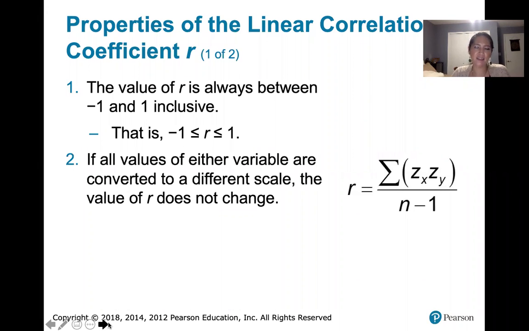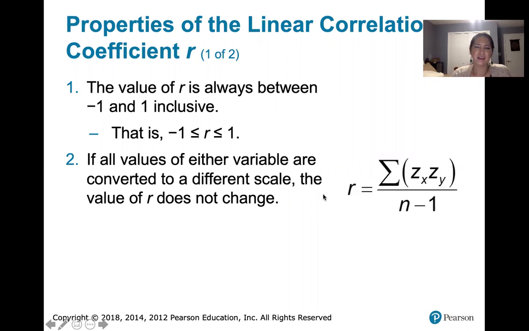Second property is that if all values of either variable are converted to a different scale, the value of R doesn't change. And I think that's pretty obvious when you look at our first formula, which is denoted by formula 10.2 in our textbook.